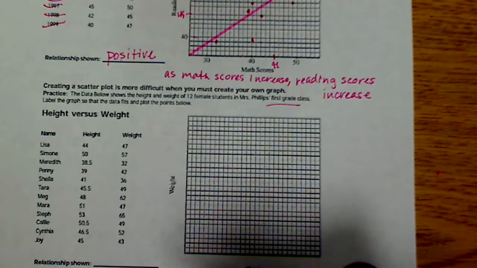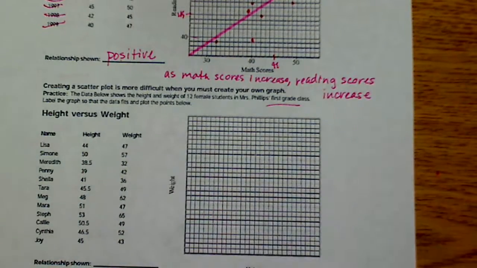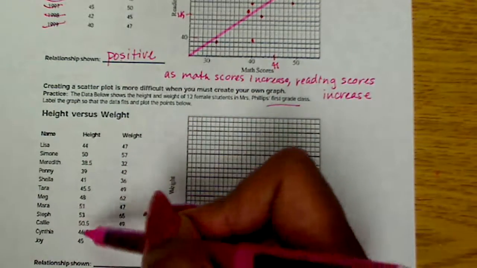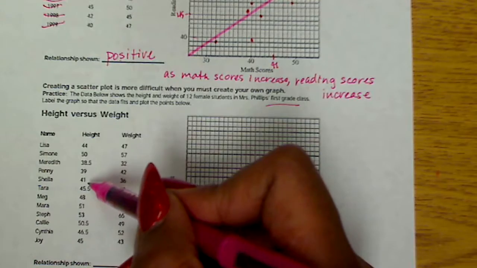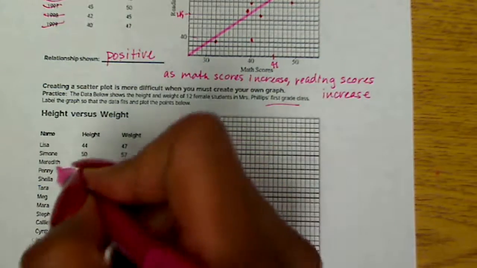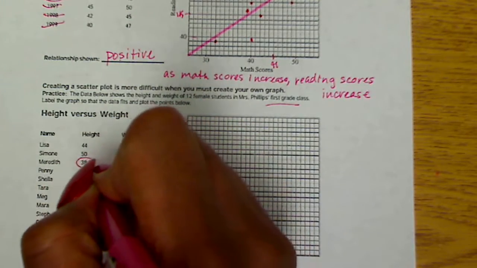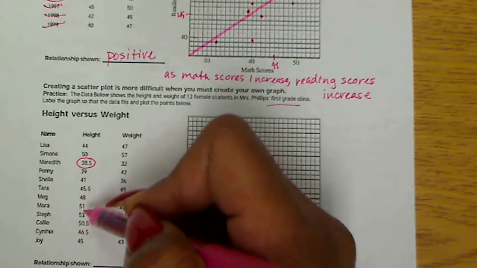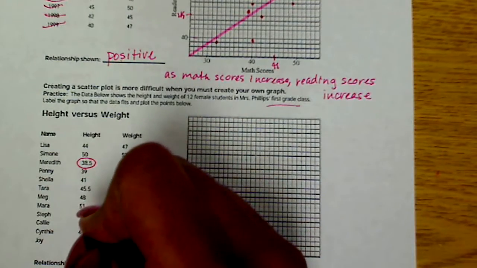So if I'm looking at my height column, I have to make sure the range of numbers that I use accommodates all of the data. So what is the smallest number that you see for height? The smallest height number I see is 38.5. The largest height number is 53.